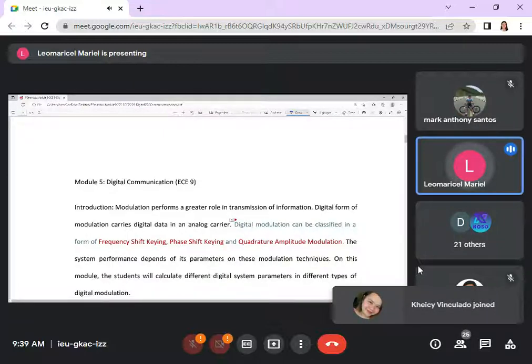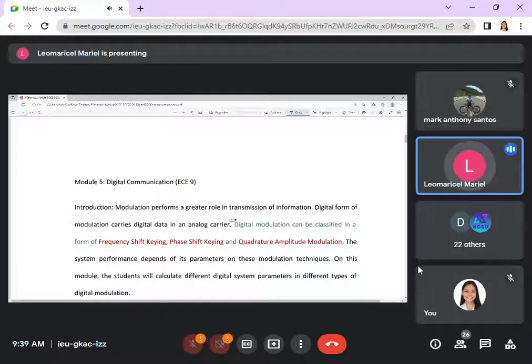And we found out that digital modulation is just like analog modulation. Galing lang siya sa analog modulation natin. And the principle that we're using in analog modulation will be the same, pero ang kailangan lang natin ay we need to convert all analog information into a digital signal prior to modulation.